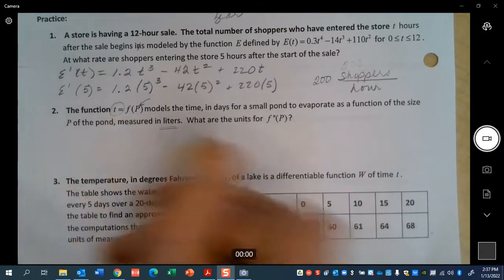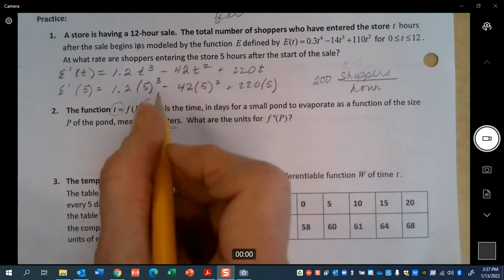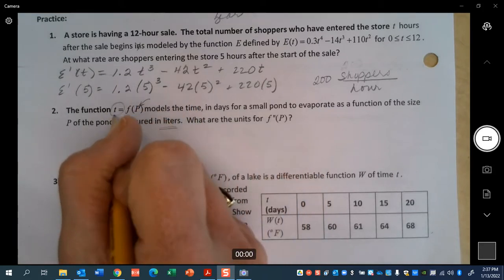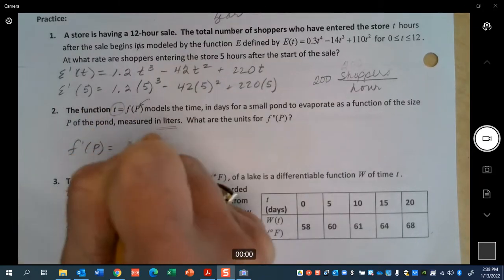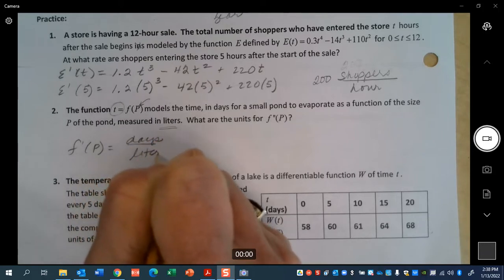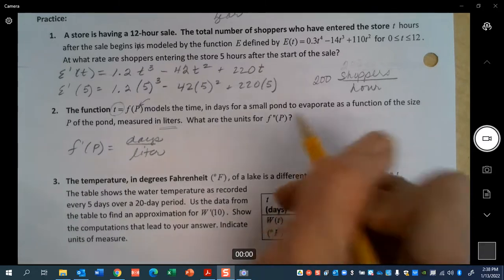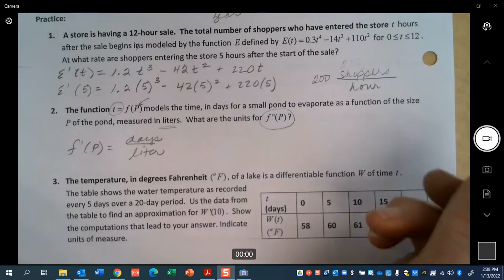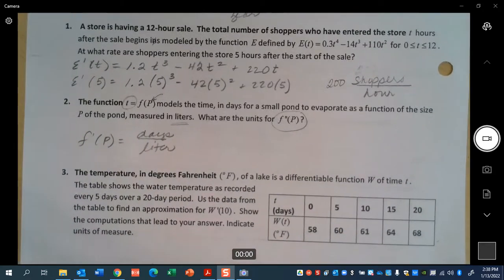So I'm looking for, if I was talking about f of p is equal to t, this t, that's my output value. So my f prime of p is going to be equal to my days per liter. What are the units for the rate of change of my rate of change?